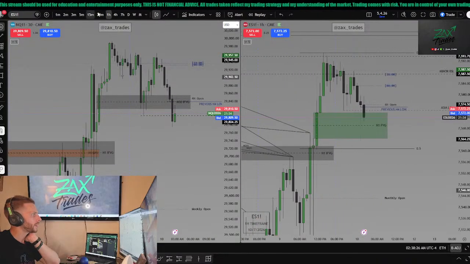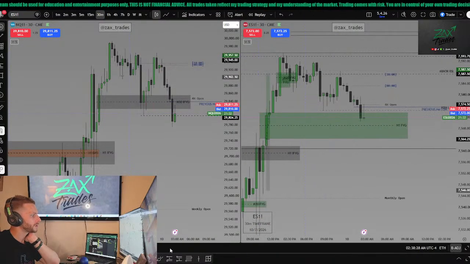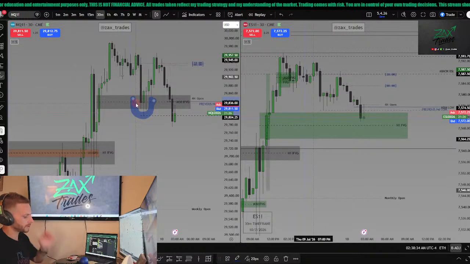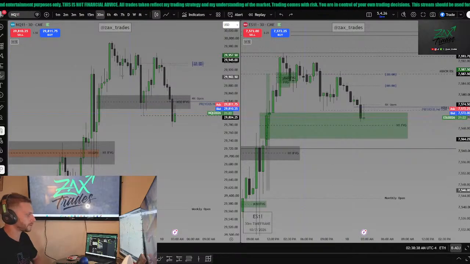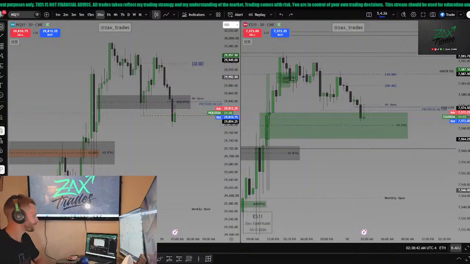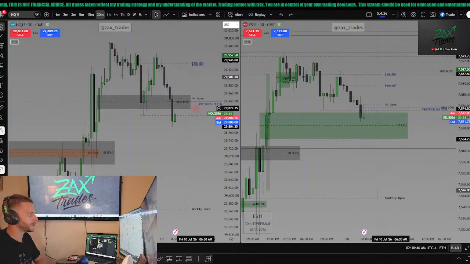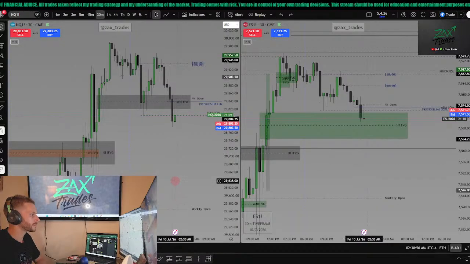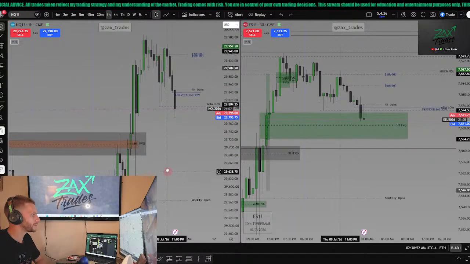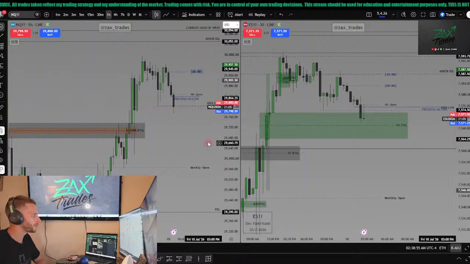So we definitely need to watch that. It's very interesting because you can see that this FVG held price very well here and actually held right at the 50%, which is your consequent encroachment of that FVG. All right, so we definitely need to keep an eye on this M30. I don't see what it would be potentially trying to tap lower.